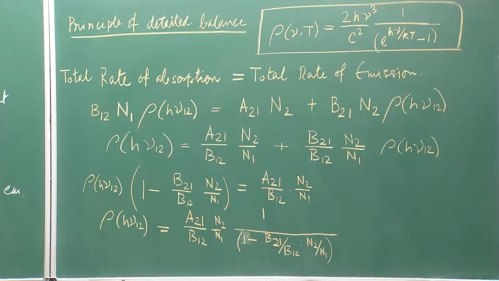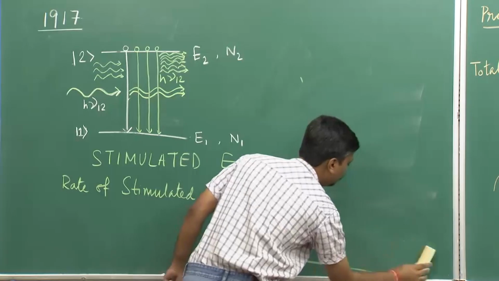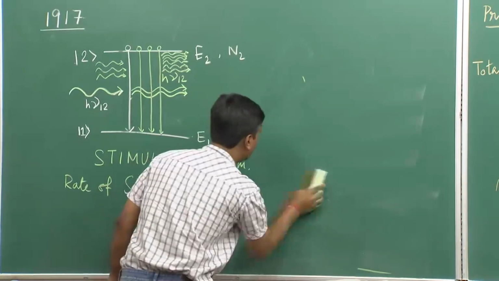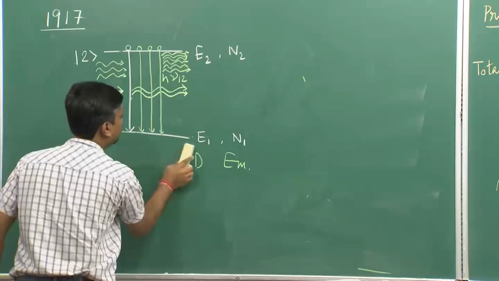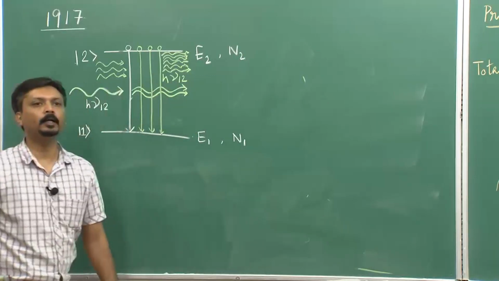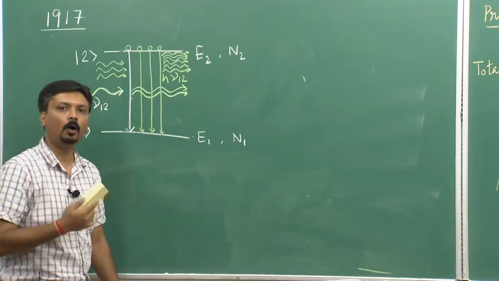Now, we have a term called N2 by N1. So, what is N2 by N1? N's are the population of atoms at a particular energy state, either 1 or 2.